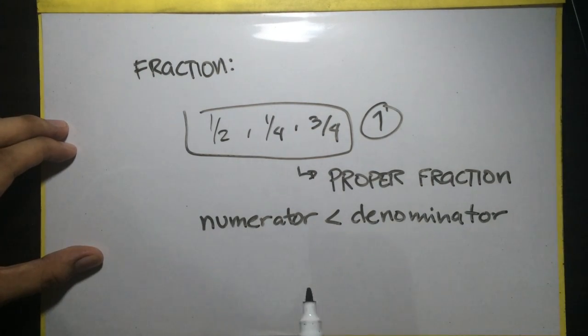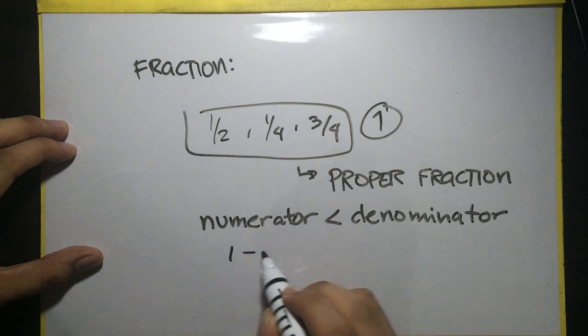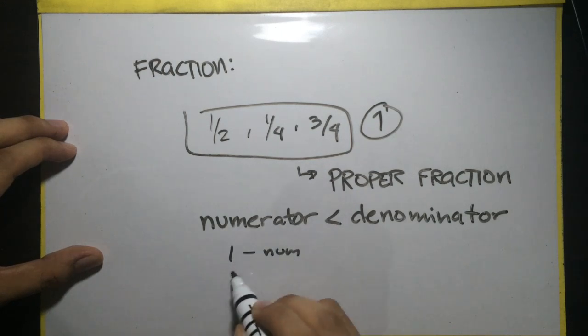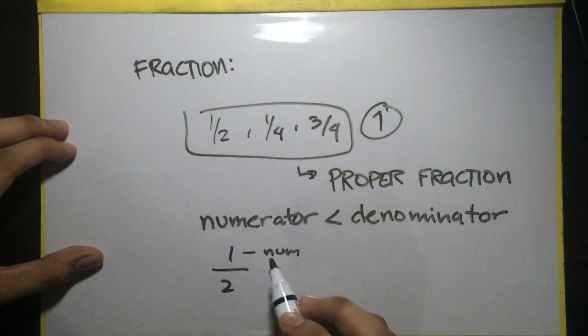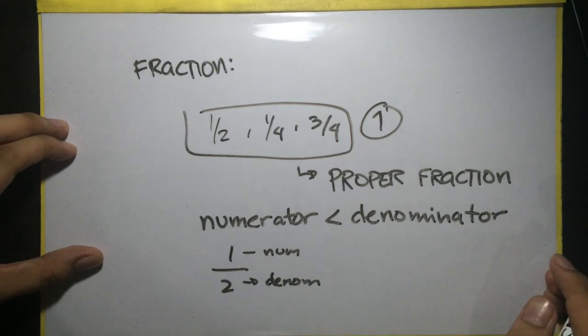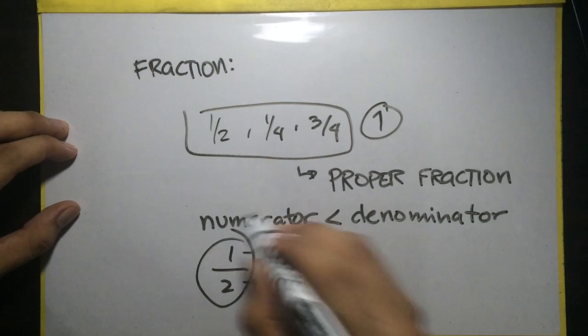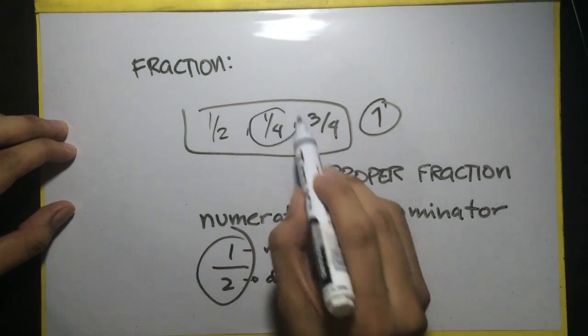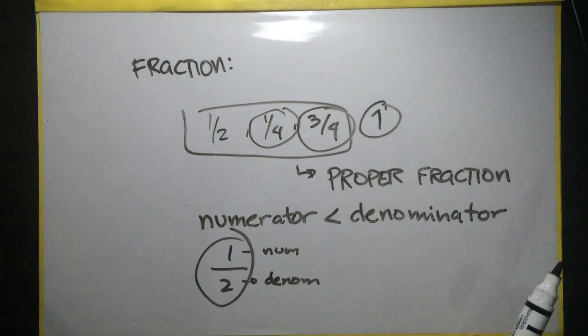In the case of 1/2, we have 1 as the numerator and 2 as the denominator. So this is a proper fraction. Same goes with the other examples, 1/4 and 3/4.